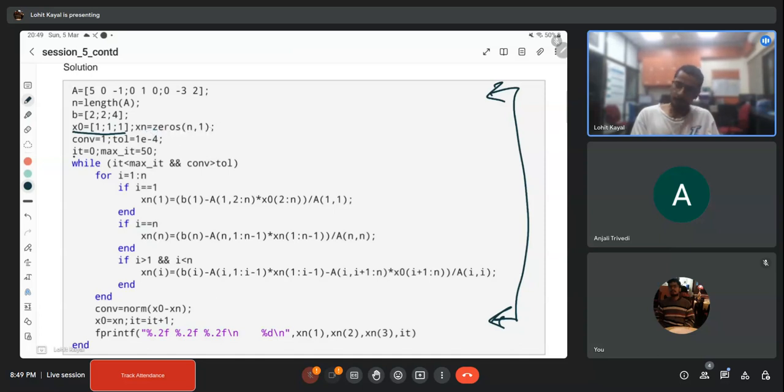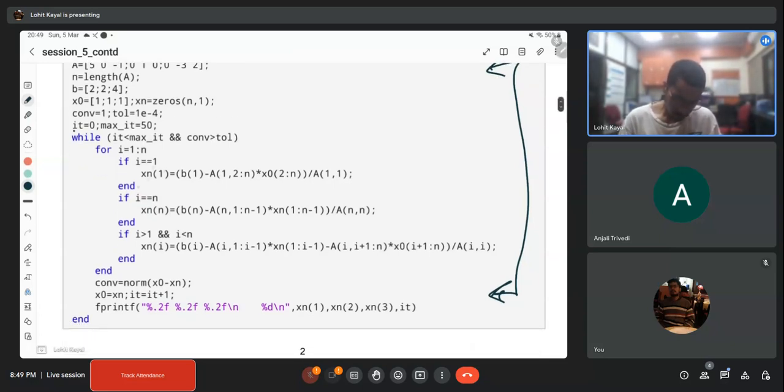If you are using a column vector as your initial guess, and your new result as a row vector, then MATLAB will show you an error. Okay, just be consistent with the dimension.